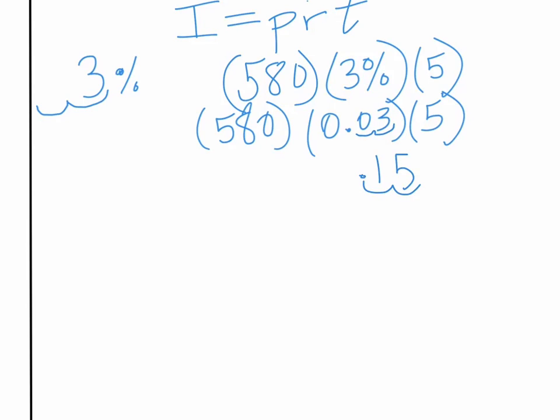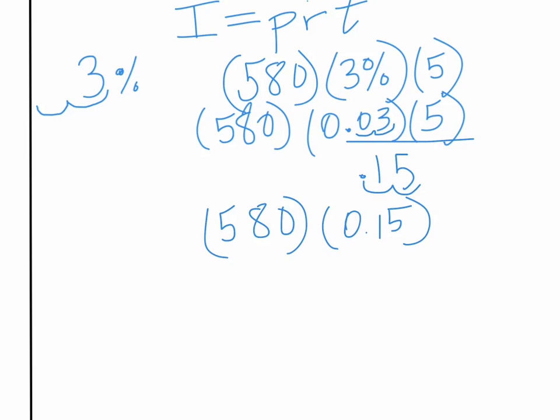That gives you, between these two, 15 hundredths, and bring down your 580. Pause the video and over to the side, multiply 580 times 15 hundredths, which will be the same as 580 times 15, with 2 decimal places added back into the answer.